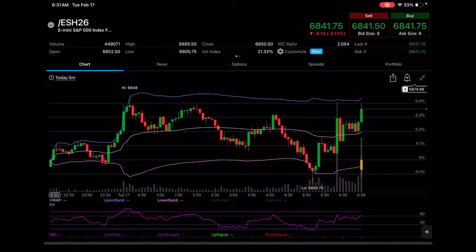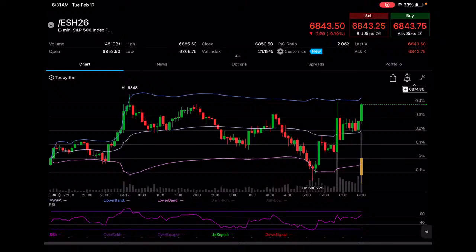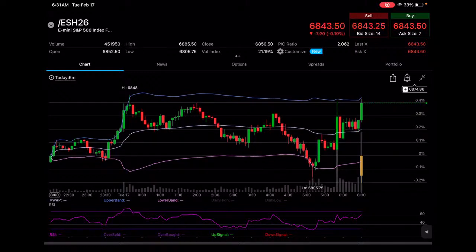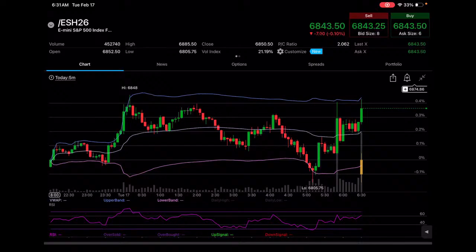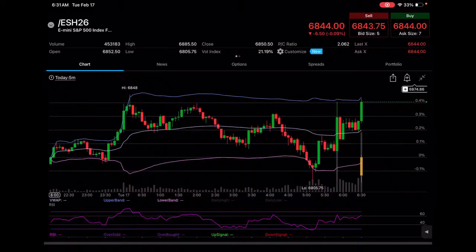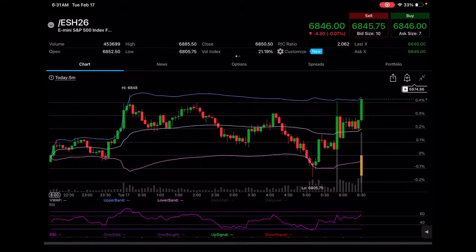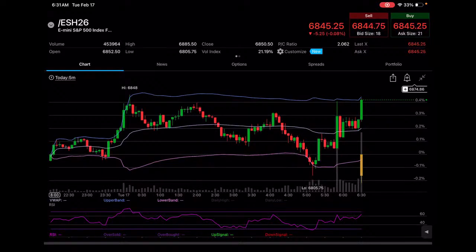The institutions always come out running the price up, and then they'll pull back real quick. So what we're waiting for is for the volatility to settle down, and we're looking for a test at the VWAP line. So again, the VWAP line that we're using is in the middle. So we're using the mid VWAP line.